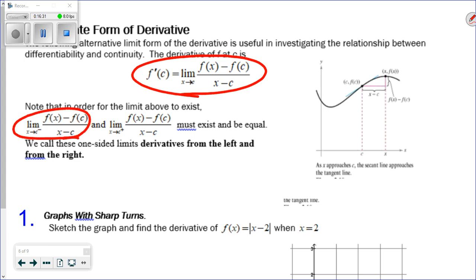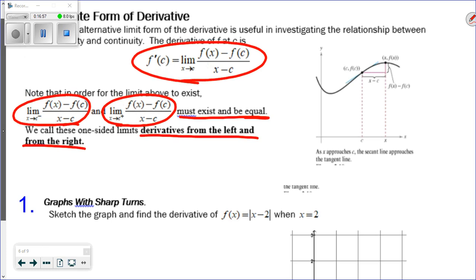Okay, so these are your one-sided limits. So for the two-sided or general limit to exist, your one-sided limits must exist and be equal. So because these limits represent the derivative, we call these one-sided limits derivatives from the left and from the right.